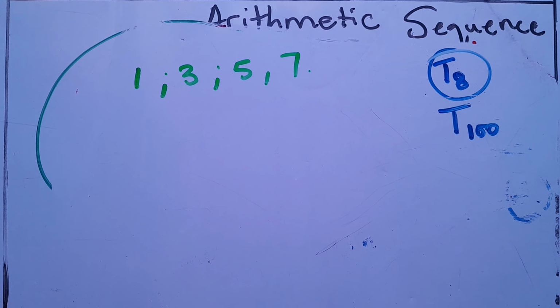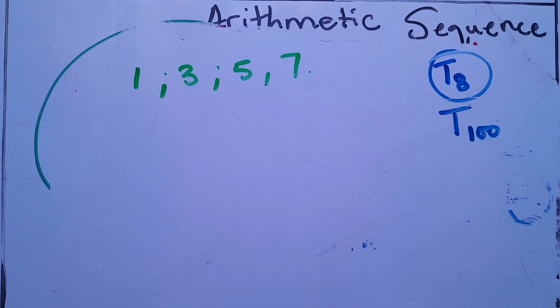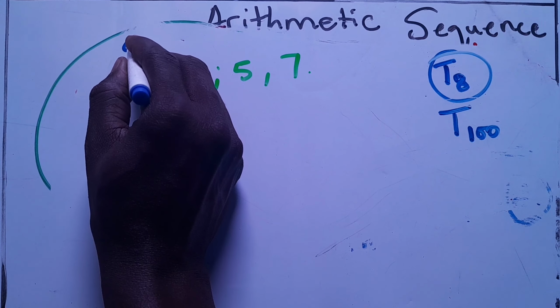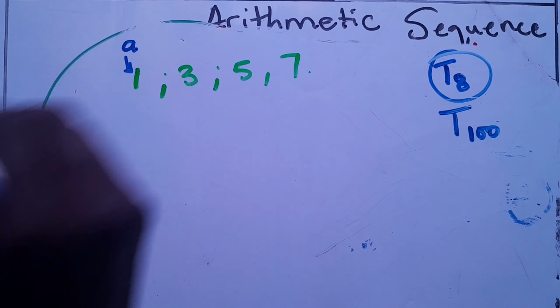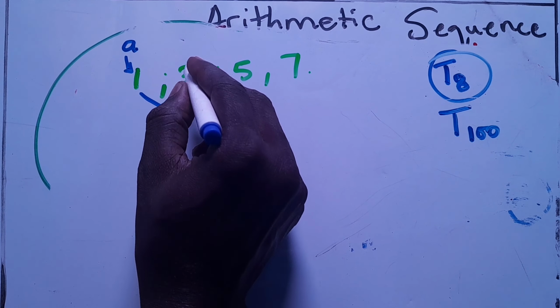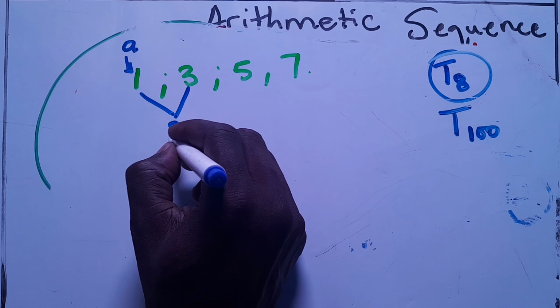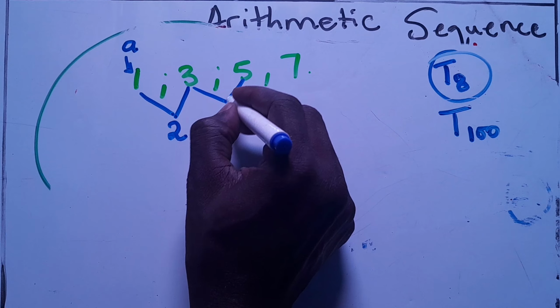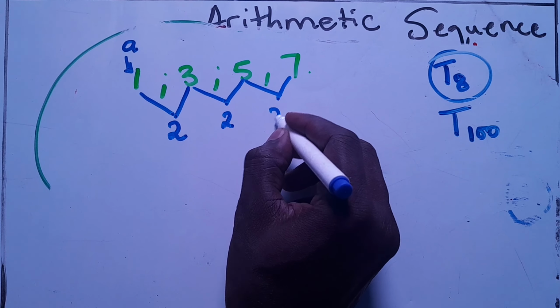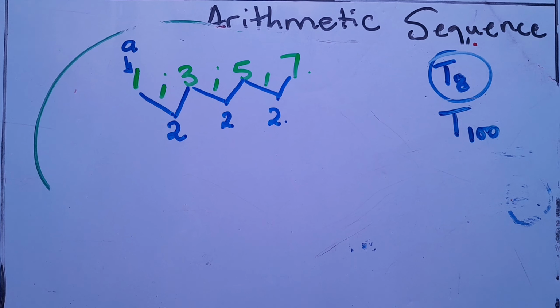So how do we find the general formula of an arithmetic sequence? This is what we do now. Since this is a, the first term, we all agree, right? And we said the common difference is this minus that, which we found out was 2. So here it is 2, and here it is 2, right?